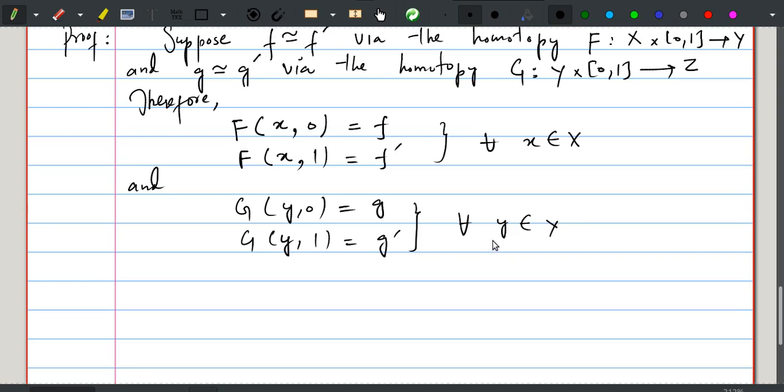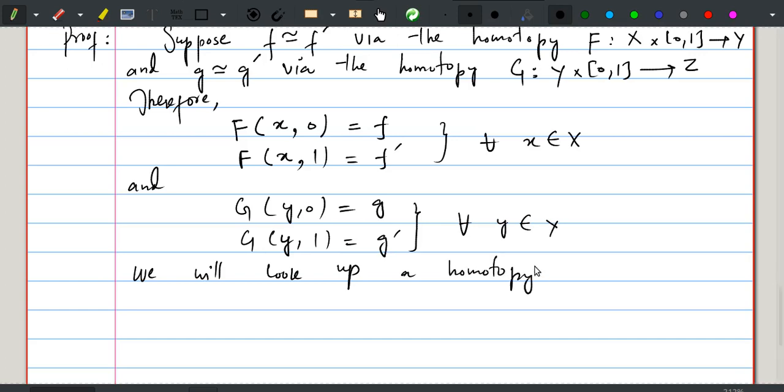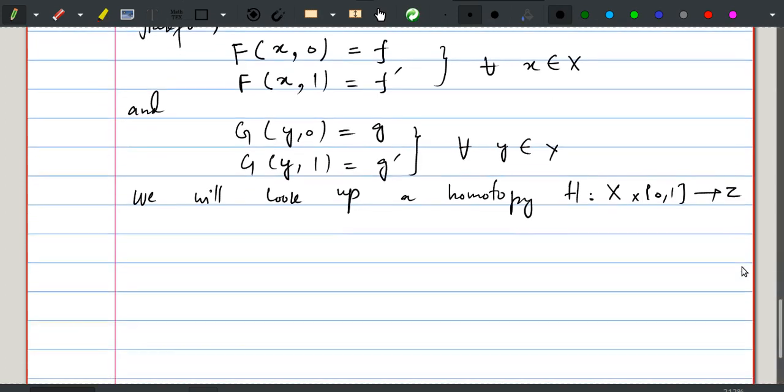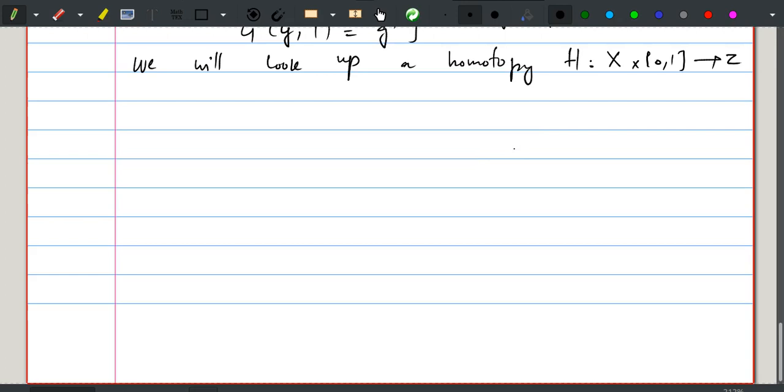Now we'll cook up a homotopy, say h, from x times the unit interval 0 1 to z. Actually we have here x, then y, then z.